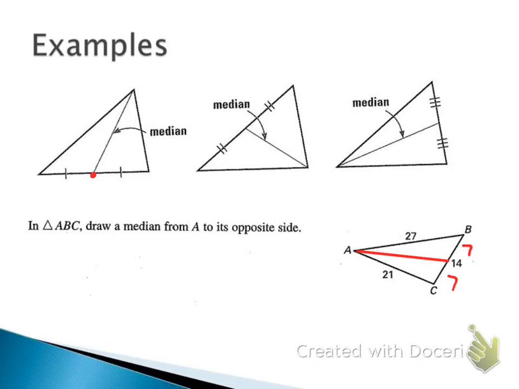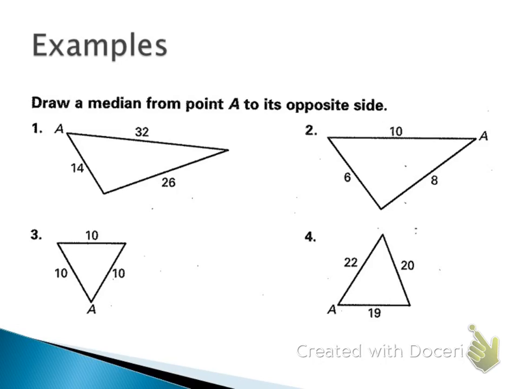Today we're not going to get out rulers and make sure that it's exact. Okay? We're not given a unit of measurement. But we should know that when we draw in that median, those two segments would each have a length of 7. On all four of these examples, we are going to draw a median from point A to its opposite side.